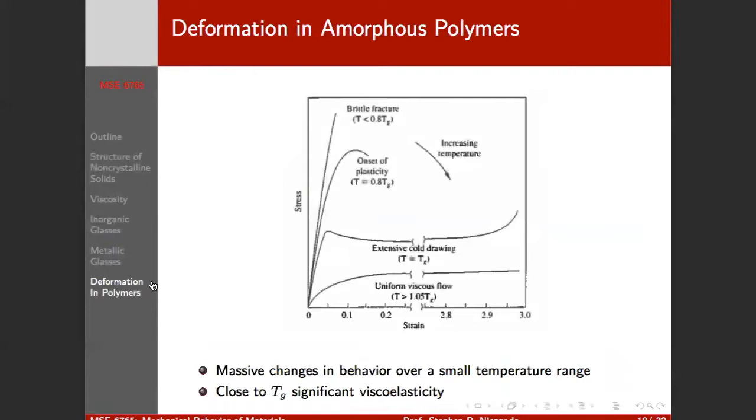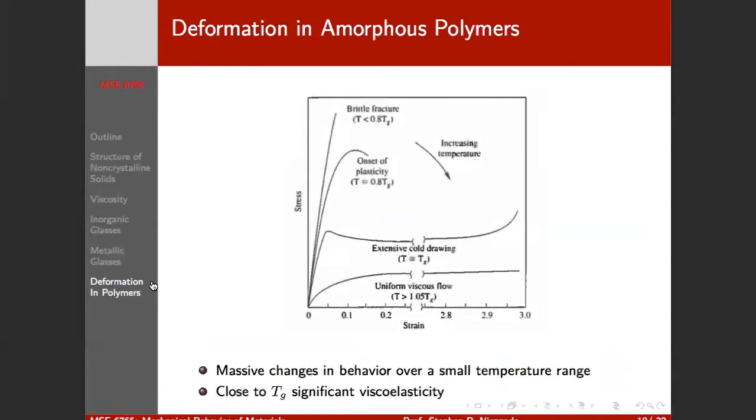But we actually see a huge change in property over a fairly small temperature range in polymers, right? If we're less than, say, about 0.8 Tg, it's perfectly elastic, leads to brittle failure.